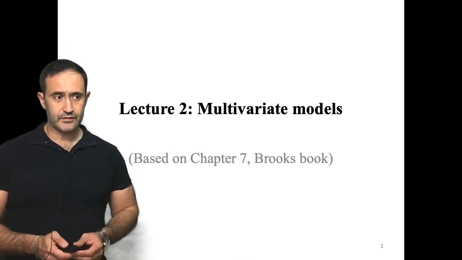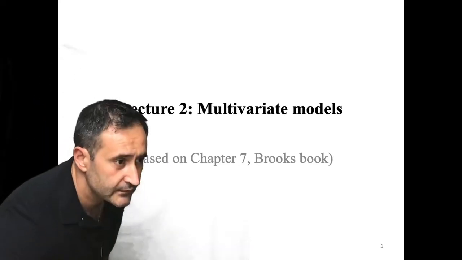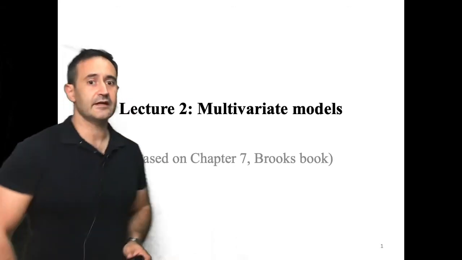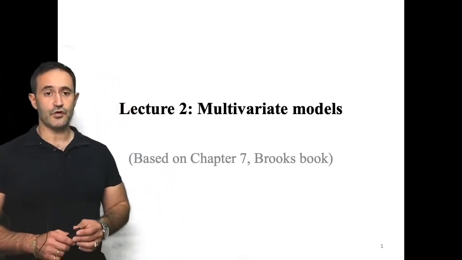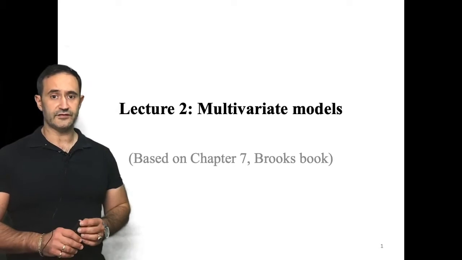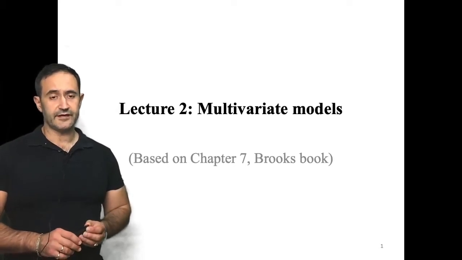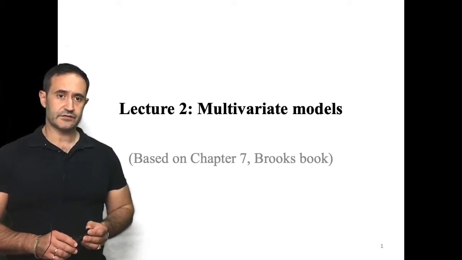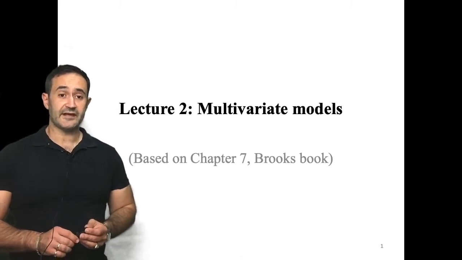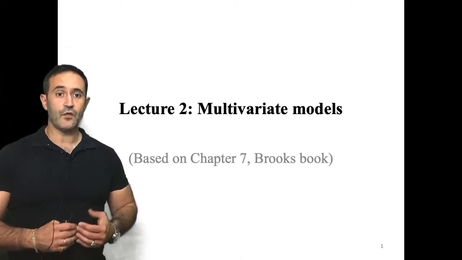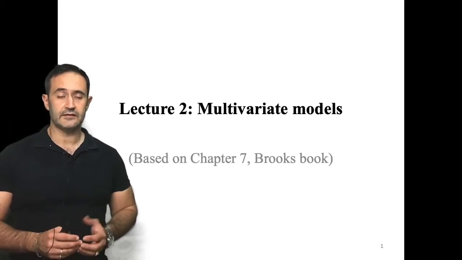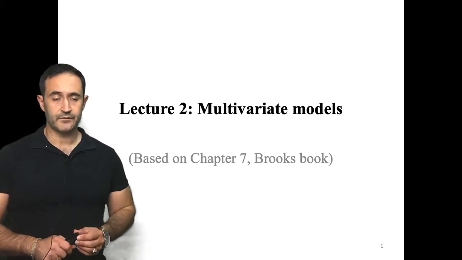Very good. So in this type of models, we are considering more than one variable. That's what we call the multivariate models. Multivariate models are very useful because they are the cornerstone for estimating structural models, which allow us to understand the relationship between variables.